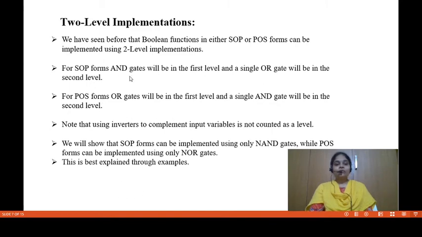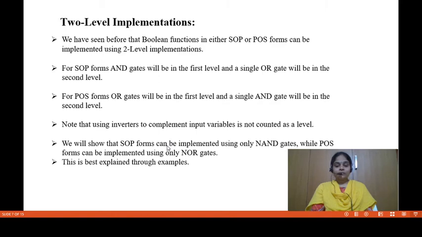For SOP forms, AND gates will be in the first level and the OR gate will be in the second level. And also for POS forms, OR gates will be in the first level and a single AND gate will be in the second level. Note that we use inverters when there are complemented input variables.